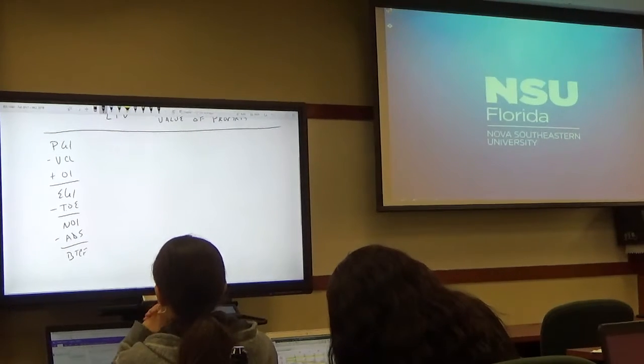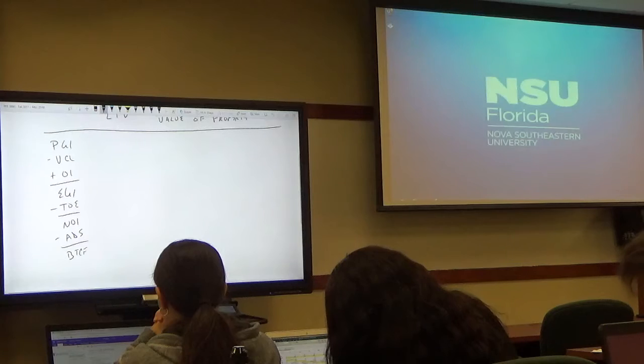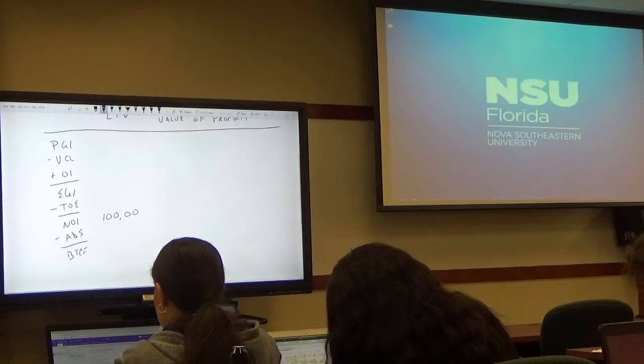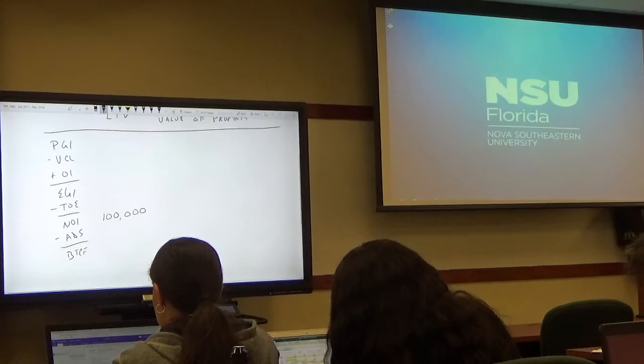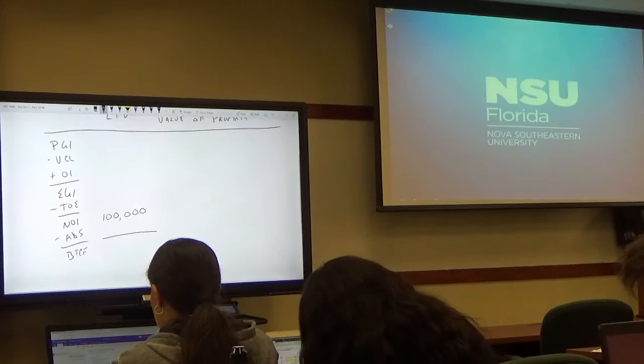Now, when we're going through and populating all of these numbers for our property, I'm going to ignore everything down to net operating income. So let's just assume that we have $100,000 a year in net operating income on our property.